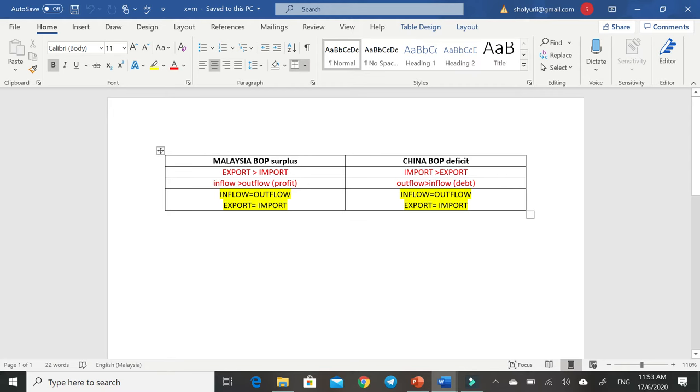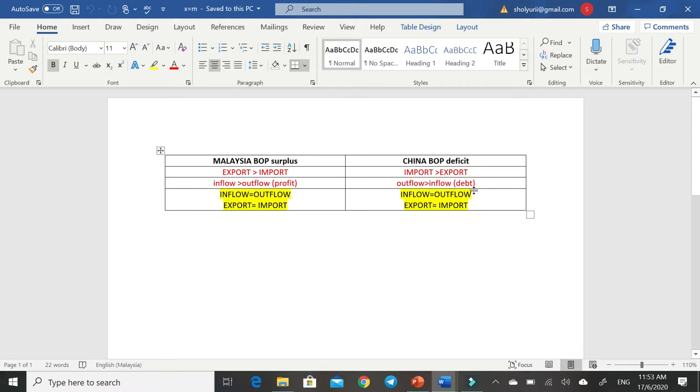So in China, they have the problem of balance of payment deficit. So this is the two situation. If in Malaysia we have surplus, in China we will have deficit. So in Malaysia we will have profit because inflow is larger than outflow, while in China they will have debt because outflow is larger than inflow.